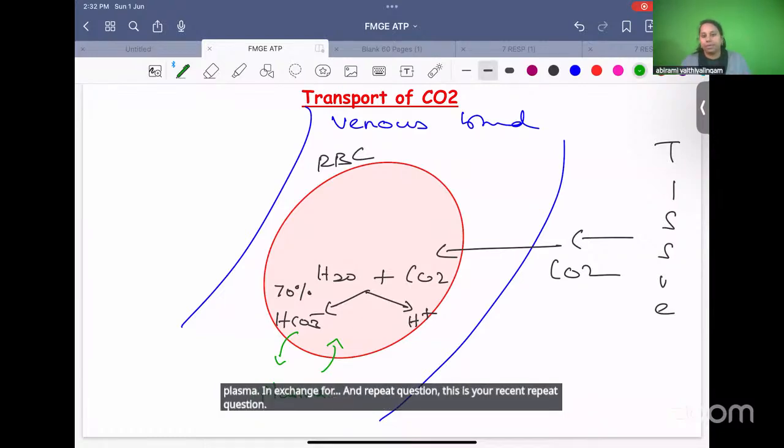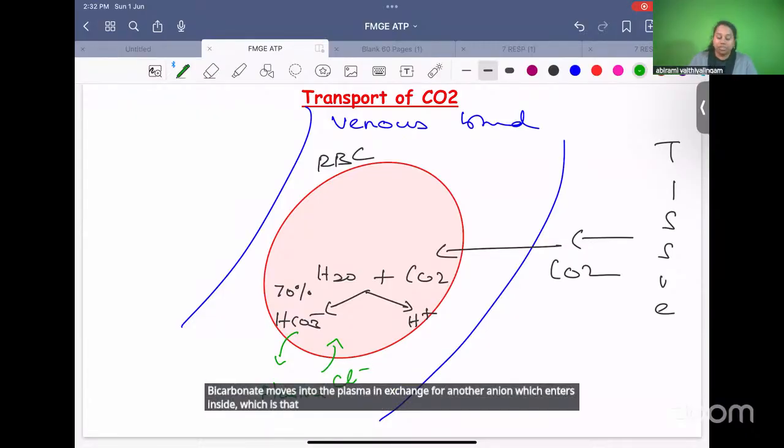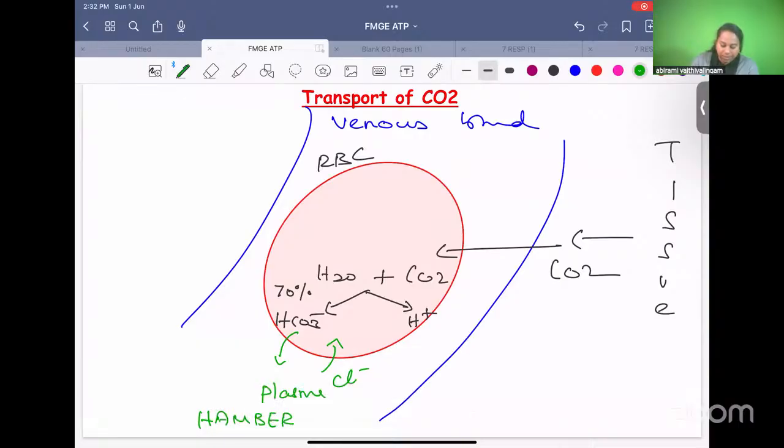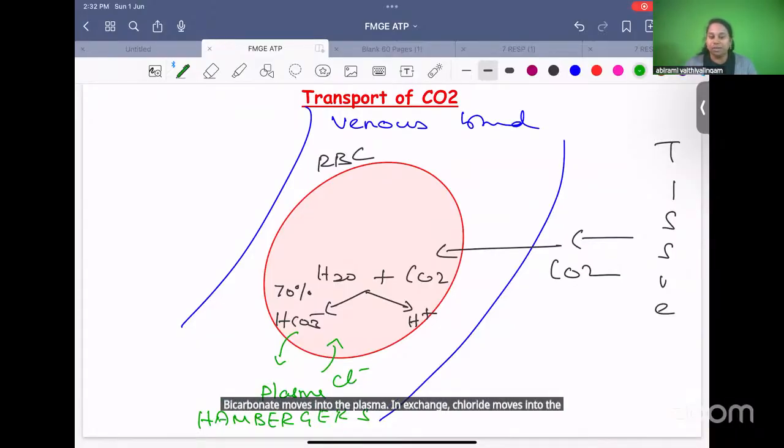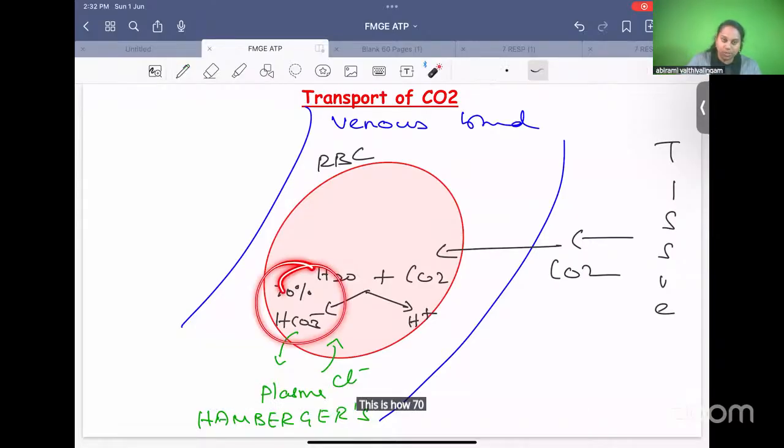Bicarbonate moves into the plasma in exchange for another anion which enters inside, which is chloride. What is this shift called as? Yes, Hamburger's shift. Bicarbonate moves into the plasma. In exchange, chloride moves into the RBCs. Hamburger's shift. This is how 70% of CO2 is transported.